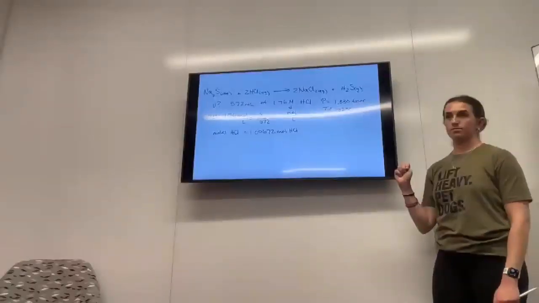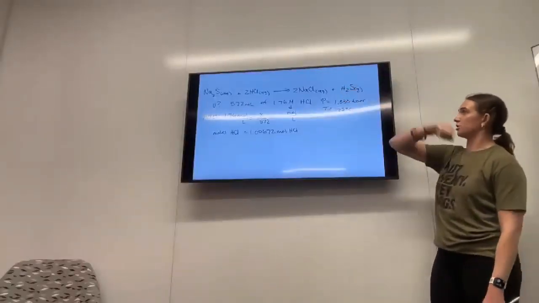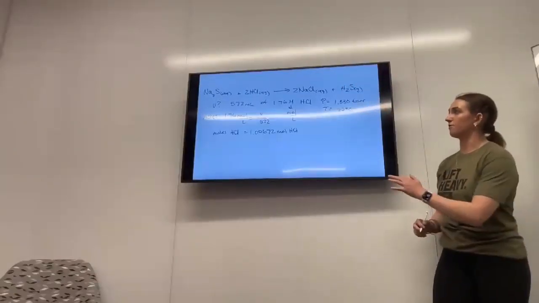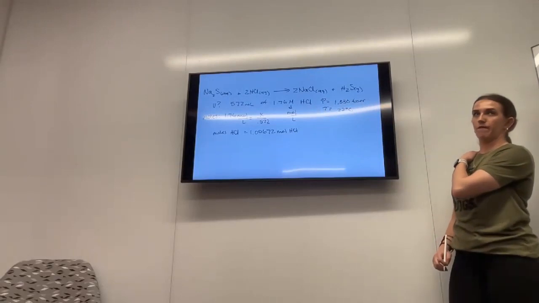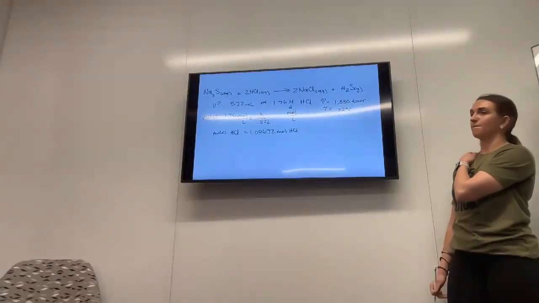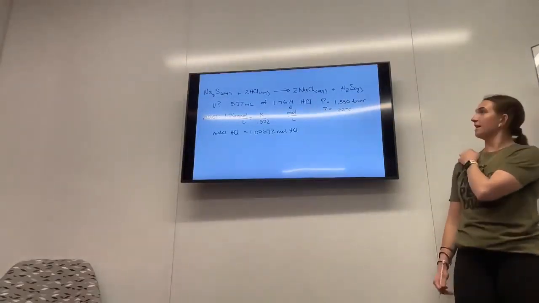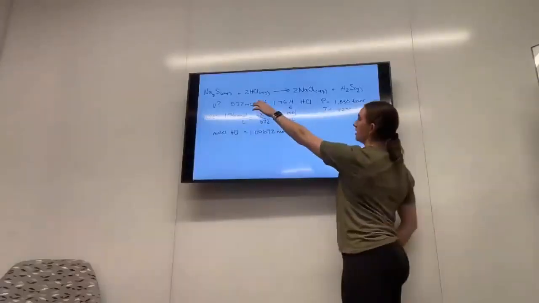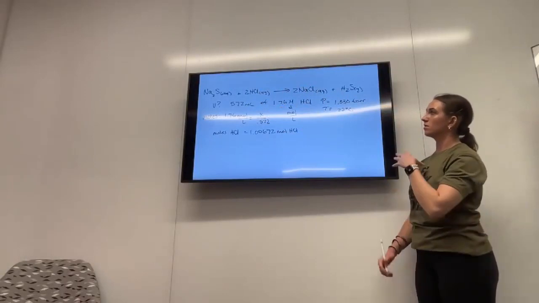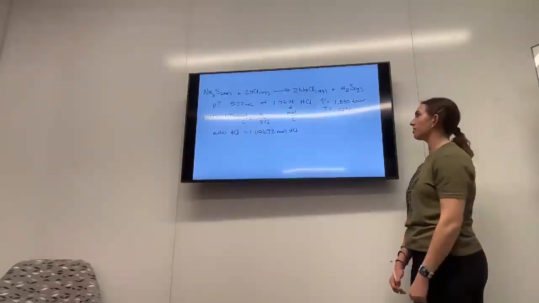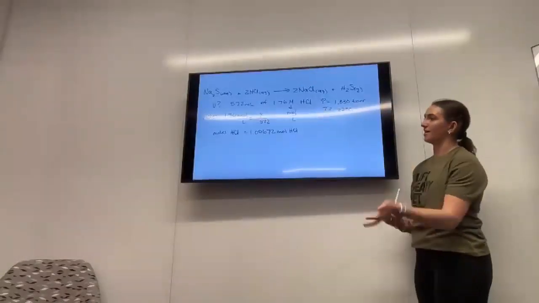Hydrogen sulfide. Yep, right. We need to have our gaseous product as our moles. So how are we going to get from moles of HCl to moles of H2S? We can just use the coefficients in front of our two compounds in order to find how many moles we would have.